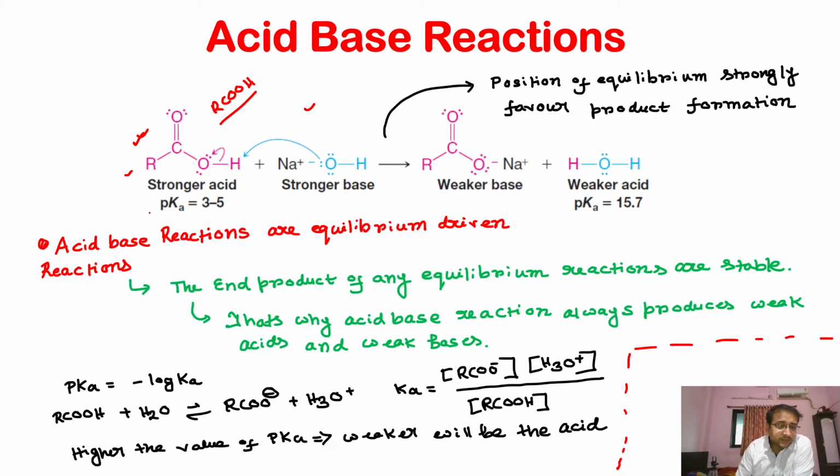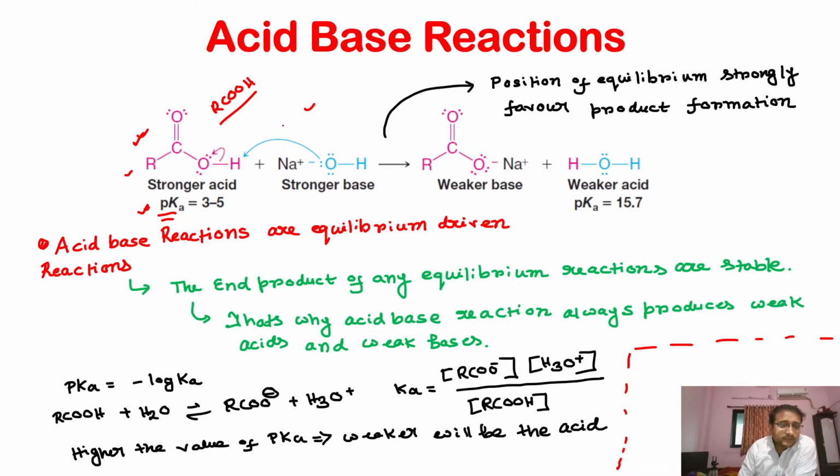You can see that the acid has a pKa value in the range of 3 to 5. I have already discussed in my earlier lecture that the lower the value of pKa, the stronger its acidity. So this pKa value signifies the acidic properties of any organic compound or molecule.